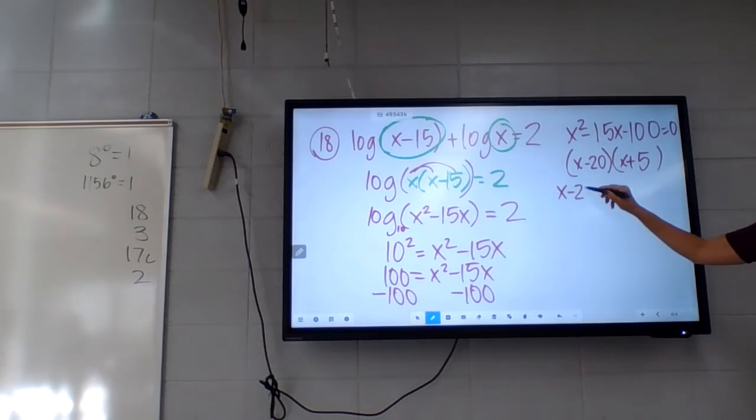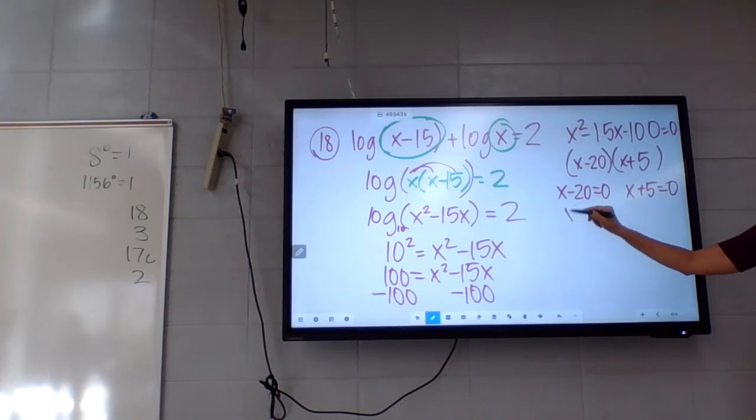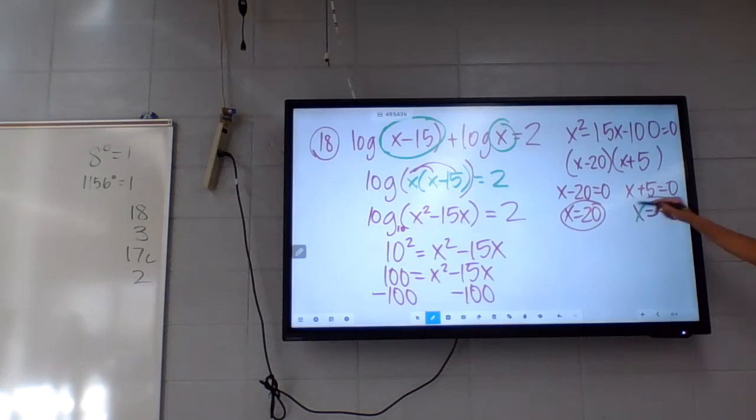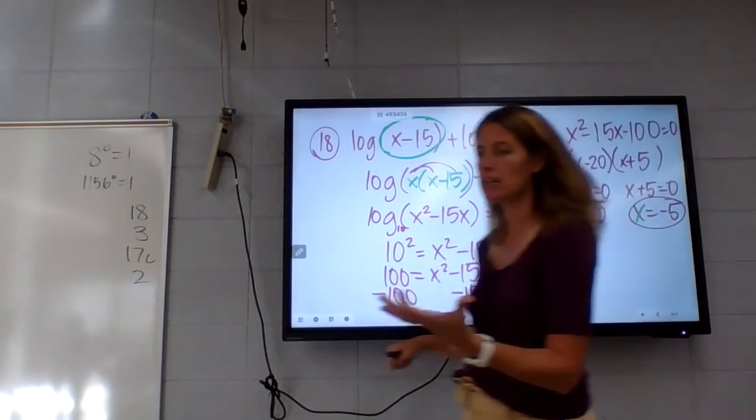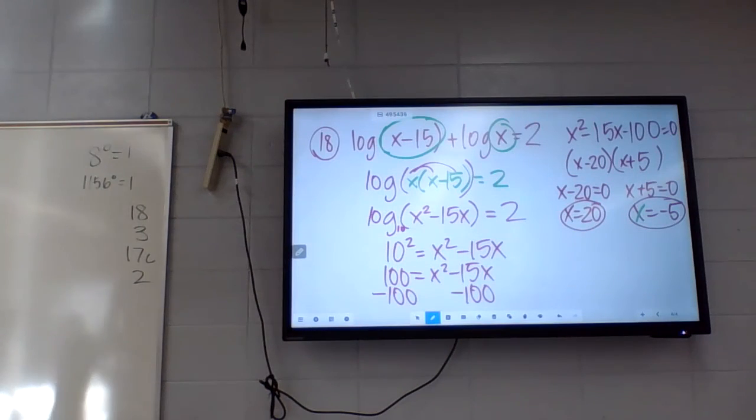So I set each of these equal to 0. Move the 20. We okay? So x is 20, and x is also negative 5. Now yesterday we made a quick mention that we can't take the log of a negative.